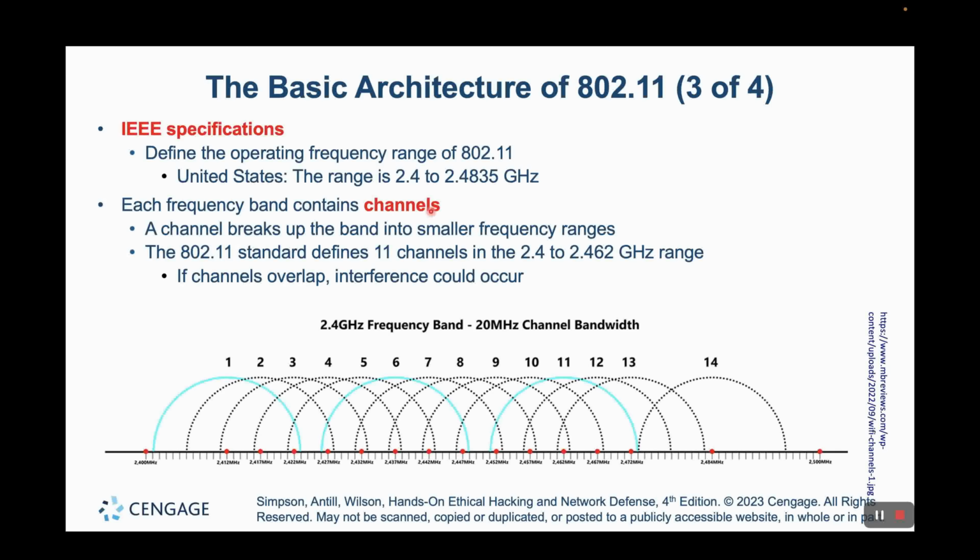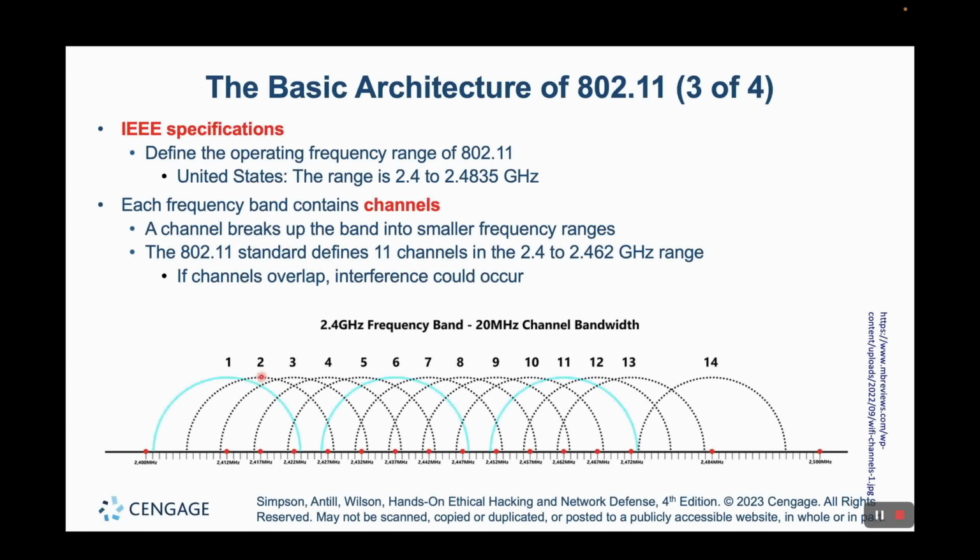The channels break up the bandwidth into smaller frequency ranges, and here you can see the 2.4 gigahertz frequency band with 20 megahertz channel bandwidth. The 2.4 gigahertz band has 14 discrete channels, as you see, from 1 up to 14. Each one of them is 20 megahertz.